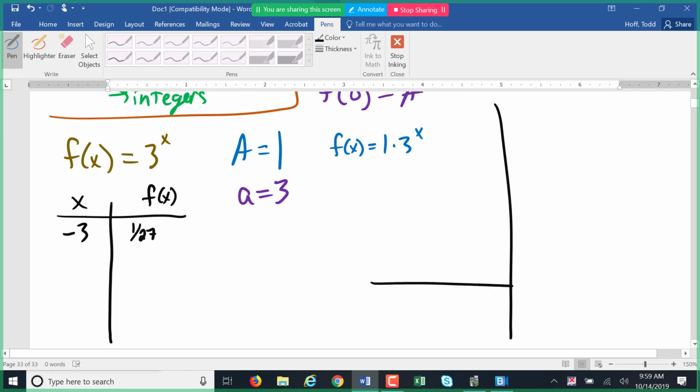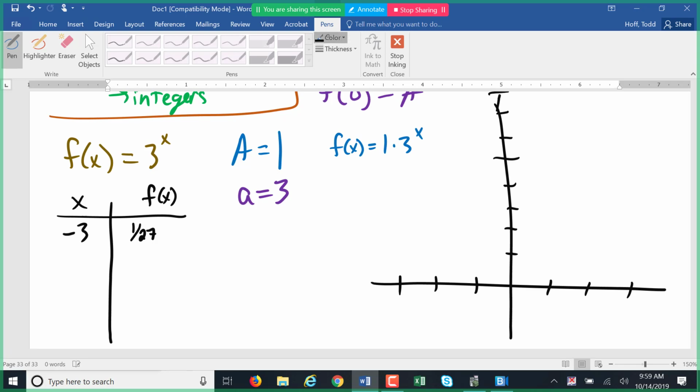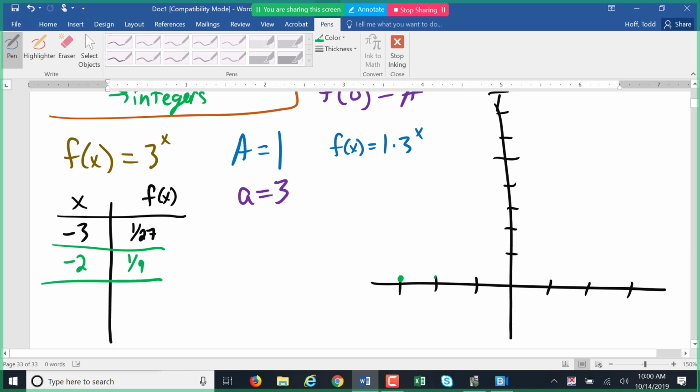So if I'm going to graph this on my graph, that gives me the ordered pair negative 3, 1/27. So that's really close to 0. If x is negative 2, 3 to the power of negative 2 is 1/9. So at negative 2, it's 1/9.